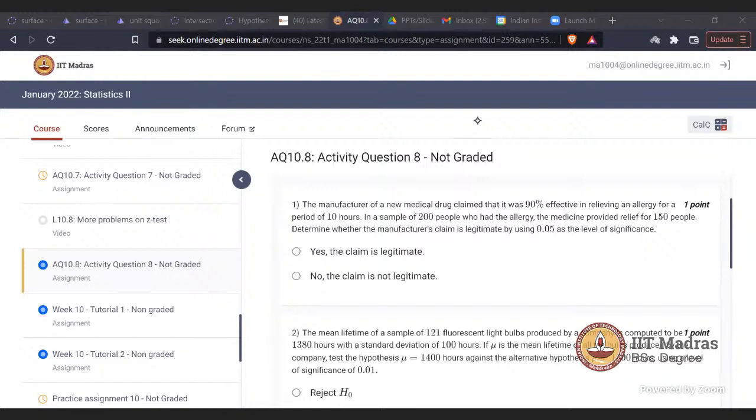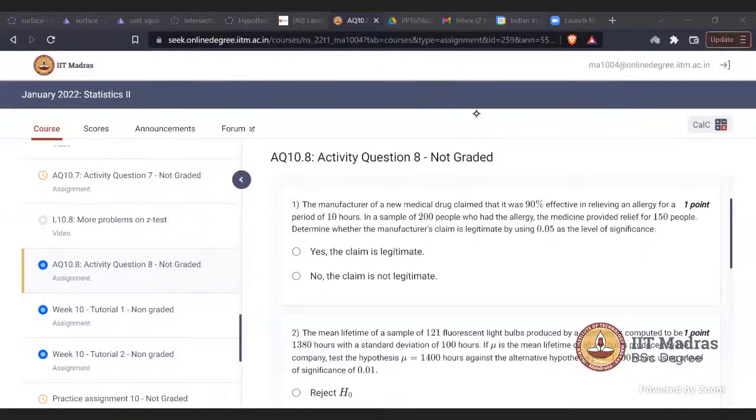The medical drug is claimed to be a success, and out of the sample of 200, 150 were relieved. So the probability of success here is 150 by 200. Yes, that is right.